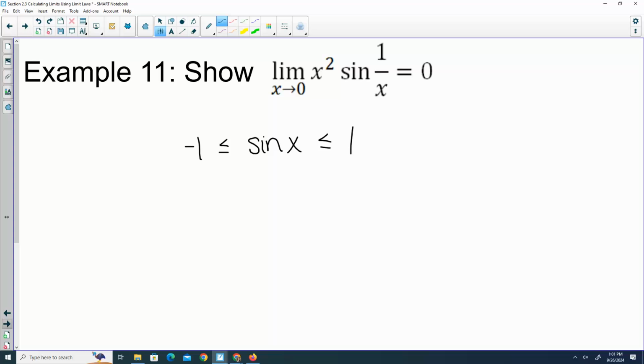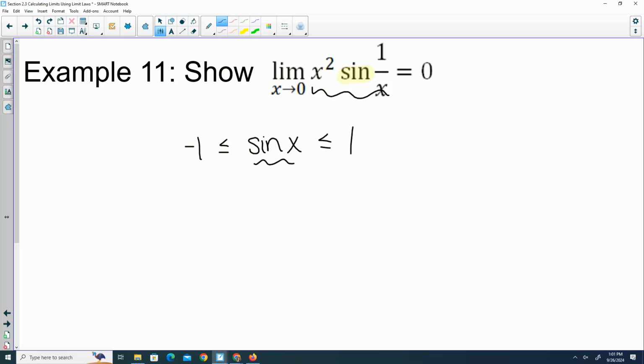And I'm using sine because there's a sine up here. Now what I'm trying to do is get this inequality, the middle part, to match this complex thing right here. Now, when I say sine falls between -1 and 1, does it matter what the angle is?